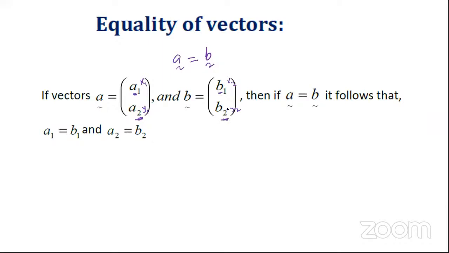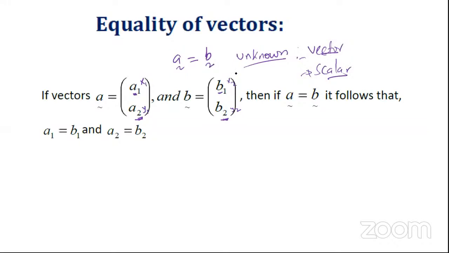Now, why do we bring up this? This helps us to find unknowns. The unknowns can be either an unknown vector or an unknown scalar.